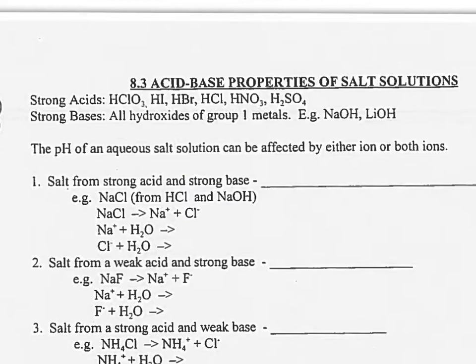So the sodium has come from the base, and the chlorine has come from the acid. We know that sodium chloride is soluble, which means it's going to dissociate into a sodium ion and a chlorine ion right here. And we know that both of these ions are not going to react with water.